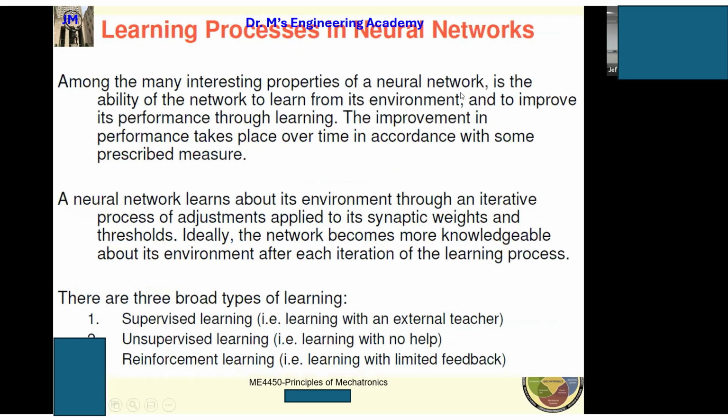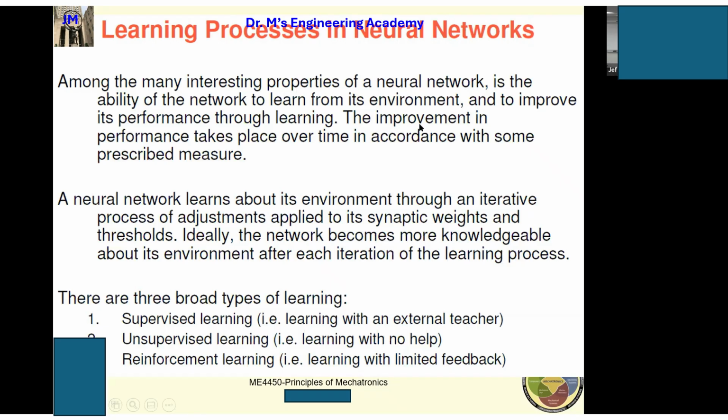Learning process in neural networks. If we want to use a neural network, you must train it. Okay? Otherwise, this guy cannot work for you. Among the many interesting properties of a neural network is the ability of a neural network to learn from its environment, okay, and to improve its performance through learning.